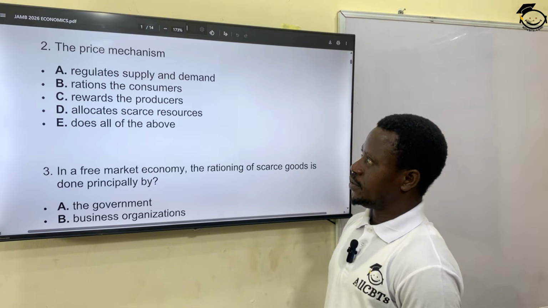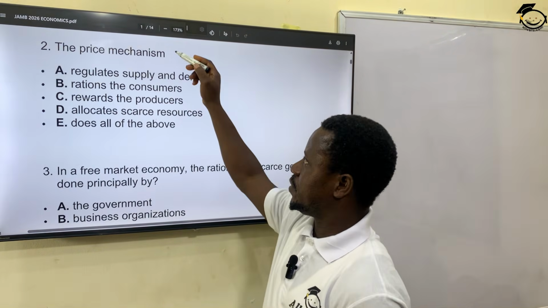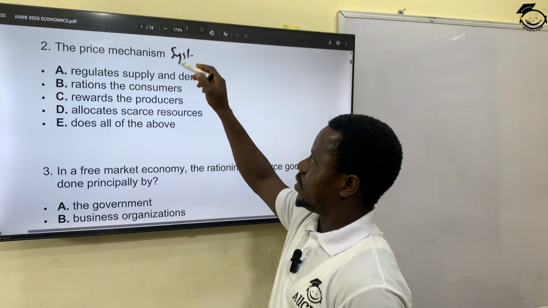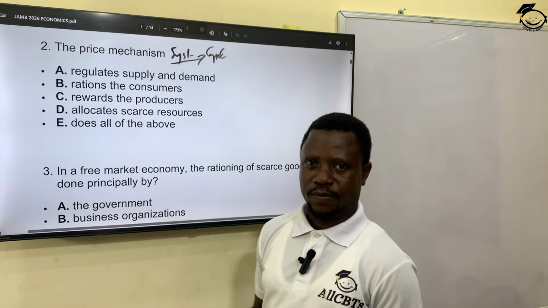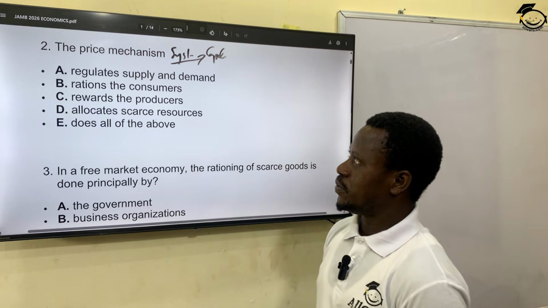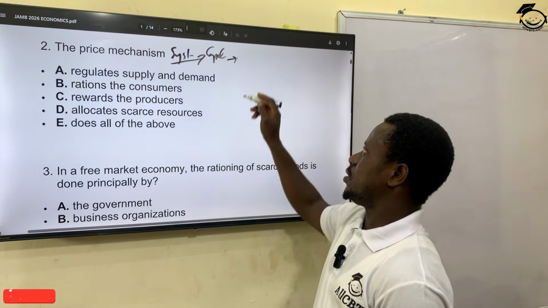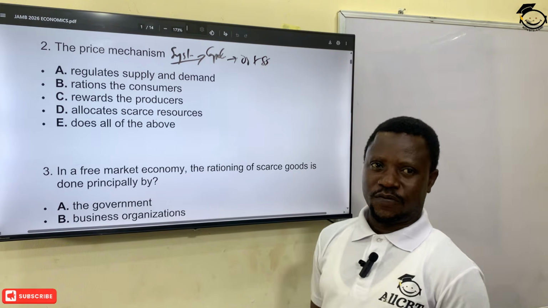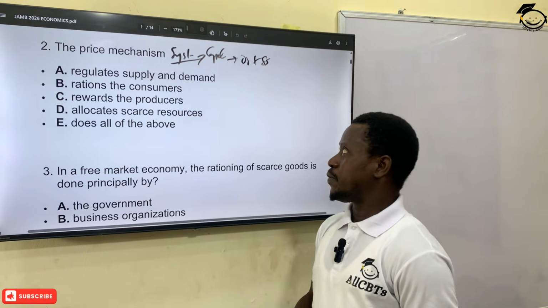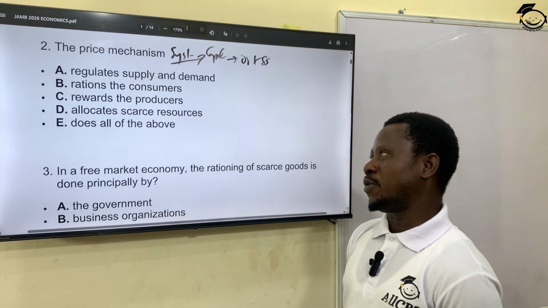The price mechanism. Now, another word for price mechanism is price system. And when you see this, particularly we make reference to the capitalist economic system. And most of the time, we are referring to the interactions between the demand and supply forces, the invisible forces operating in the market, to determine the equilibrium price.